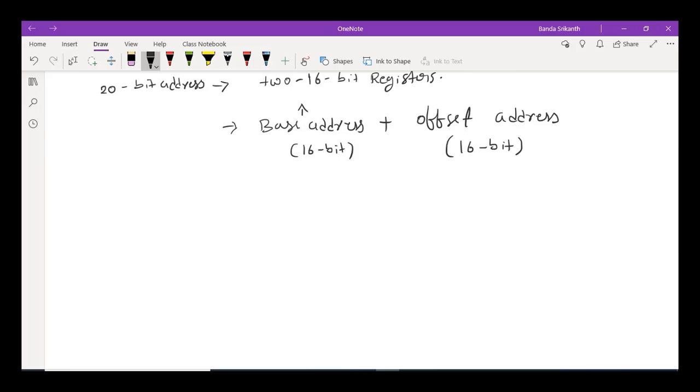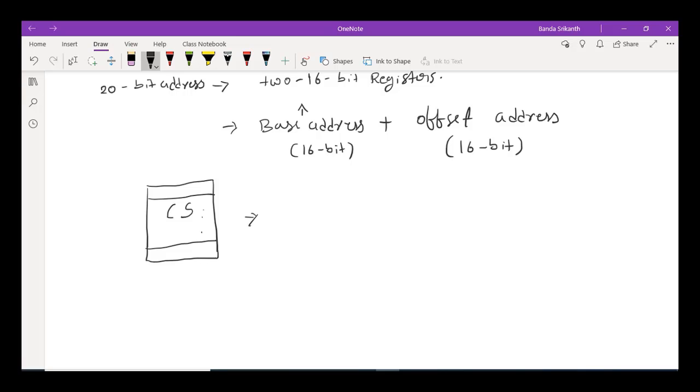For example, if the CPU wants to access the code segment memory, then where will it take the base address?